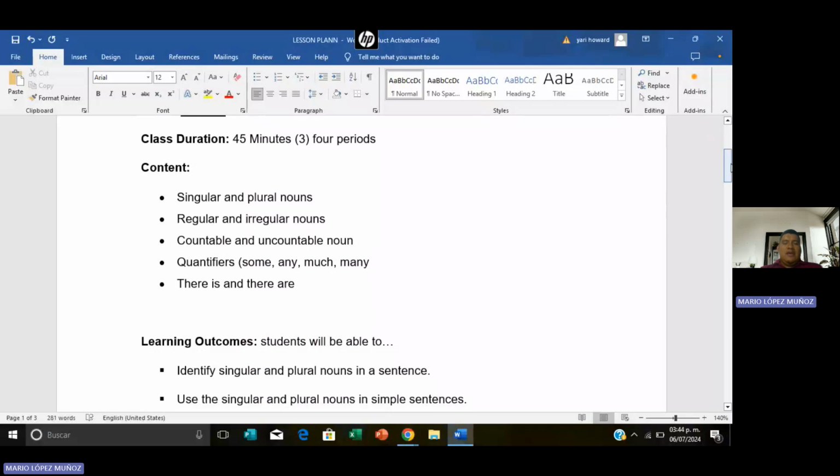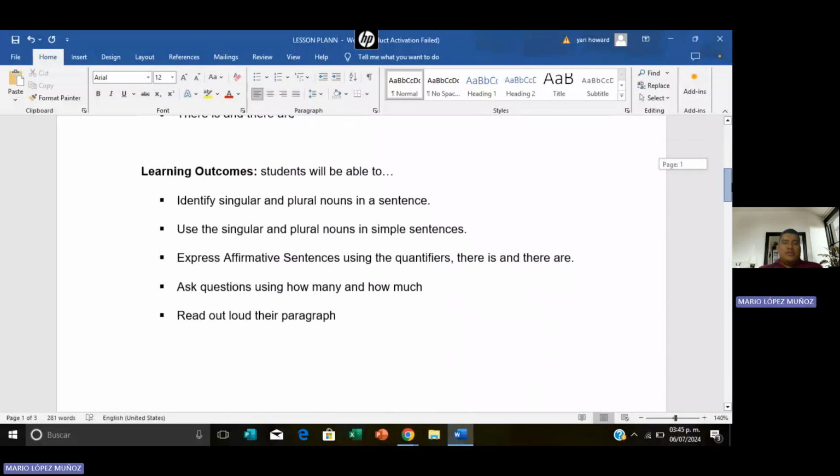Also, they're gonna know about the differences between regular and irregular nouns. They're gonna see also the countable and uncountable nouns. They're gonna use the quantifiers like some, any, much, and many. Additional to that, they're gonna use there is and there are. All those contents are linked with the singular and plural nouns.